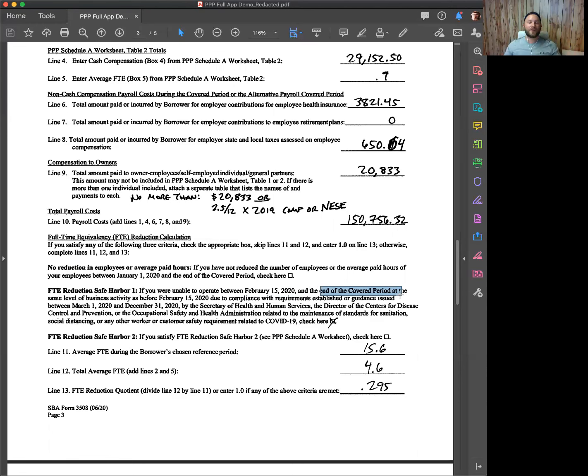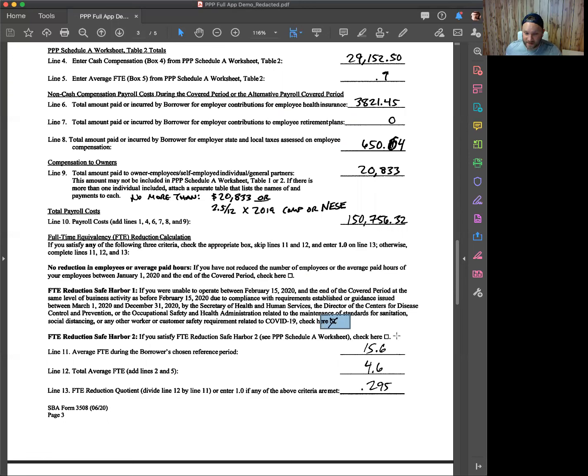If complying with those guidelines in any way, like let's say you're a music venue and you are not able to hold concerts anymore, if that applies to you, you're in compliance with guidelines, that is what drove down your business. You just check this box, certify that that is the case, and you have a safe harbor for reducing your FTEs, okay?